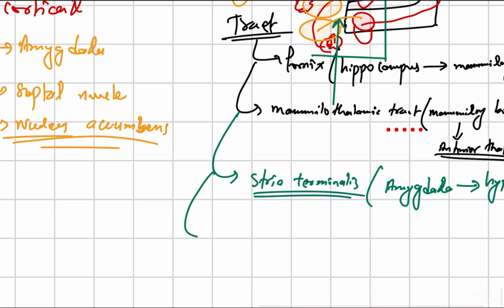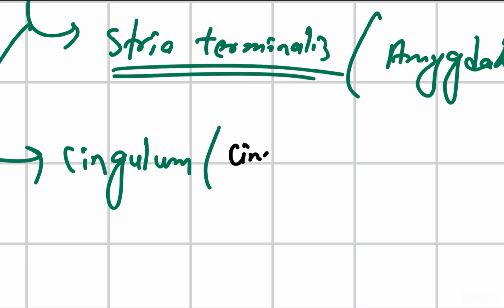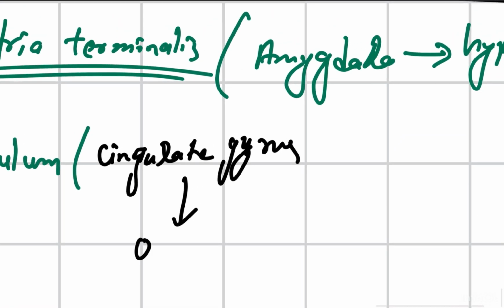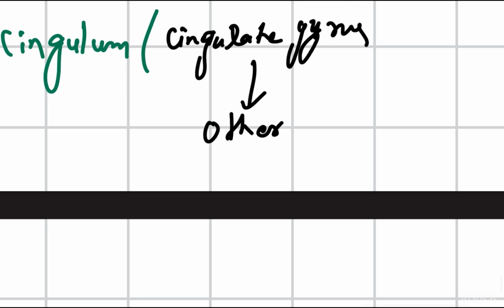Then the another one is the cingulum. So the cingulum connects the cingulate gyrus to the other limbic areas. This is the cingulate gyrus.